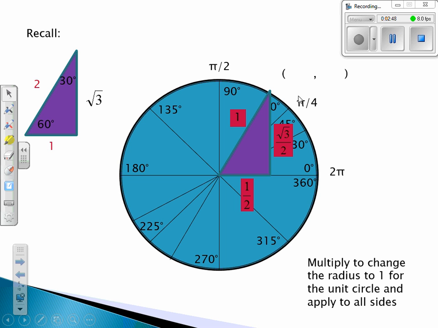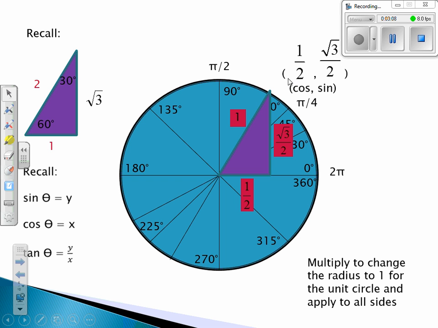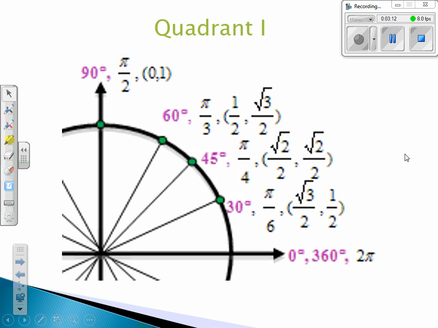In our ordered pair, this is the x value, this is the y value, so your y is like your height. You're going to learn that this is the cosine and this is the sine, which you will learn by definition as your sine and your cosine. That is going to help us create our values in our quadrants.